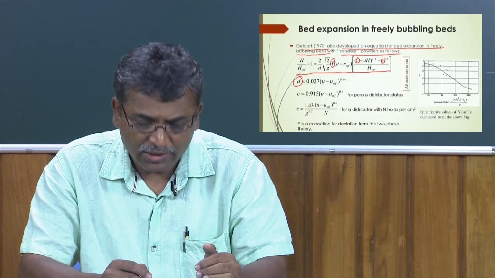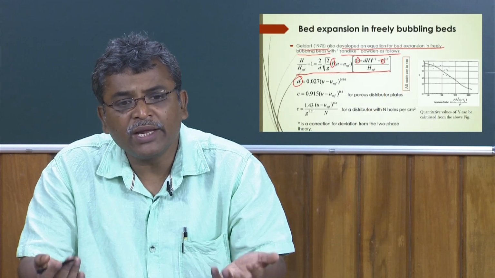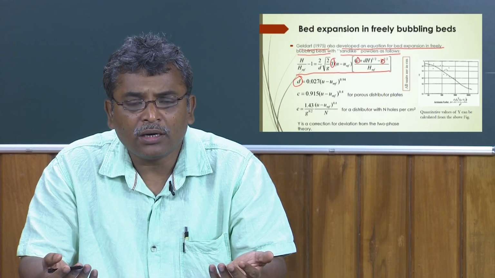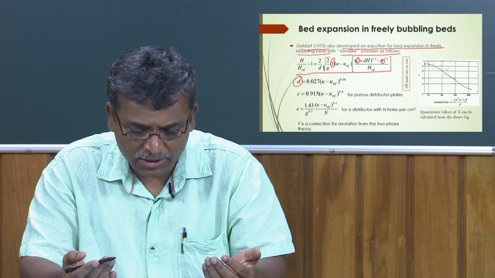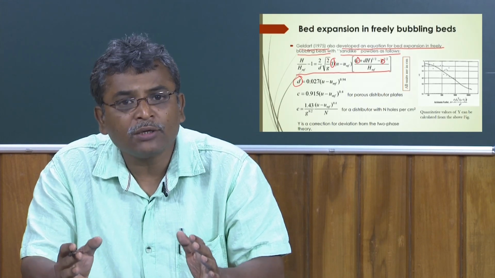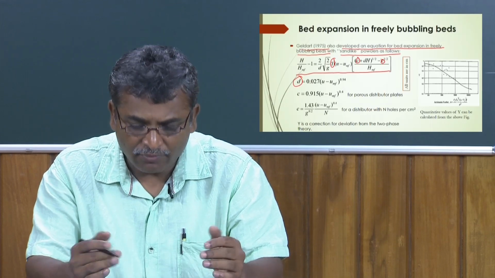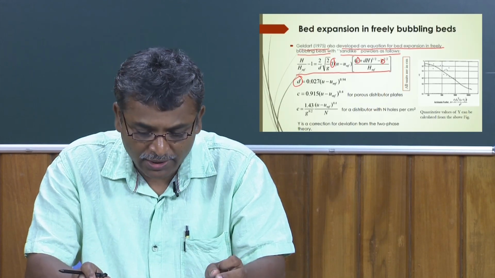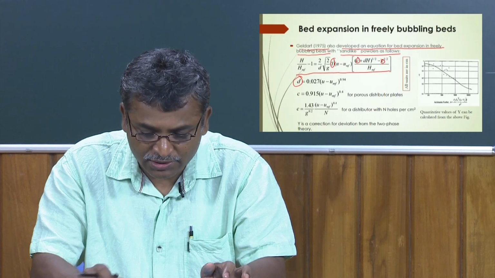If you are increasing the number of holes you will get a lower value of this parameter C, from which you will be able to calculate what should be the actual height of the bed to be maintained for this freely bubbling bed to get the bubble characteristics inside the bed.